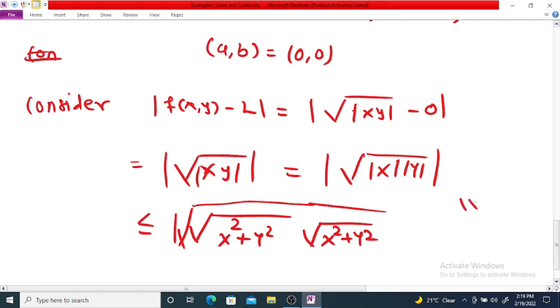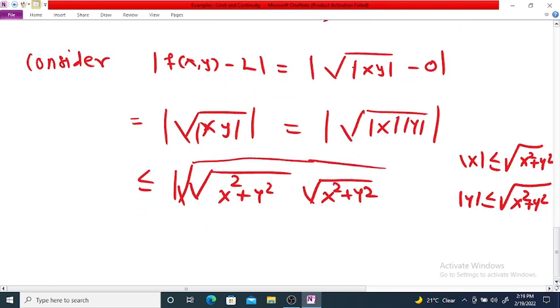Since I am writing mod of x is less than or equal to the square root of x square plus y square, and mod of y less than or equal to the square root of x square plus y square, the product is bounded by x square plus y square.